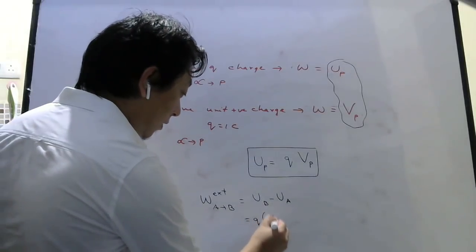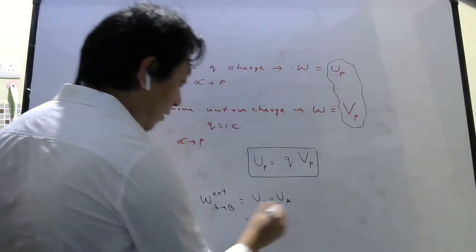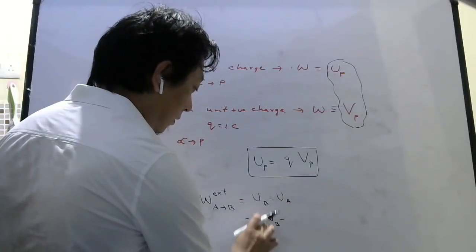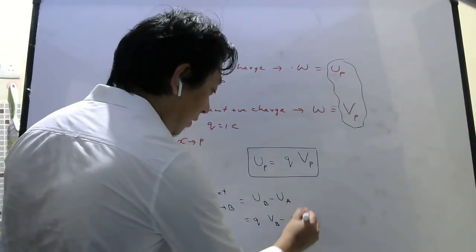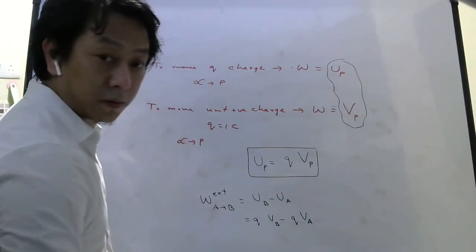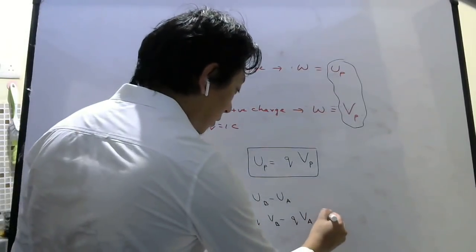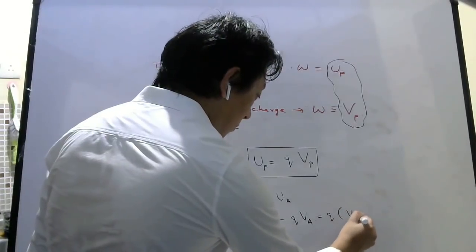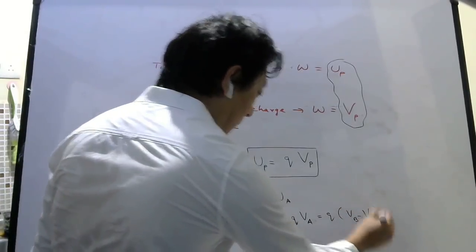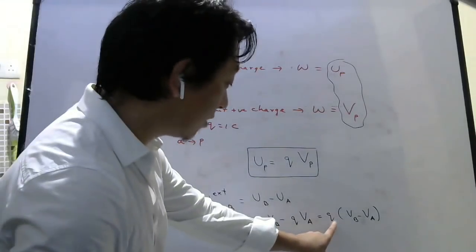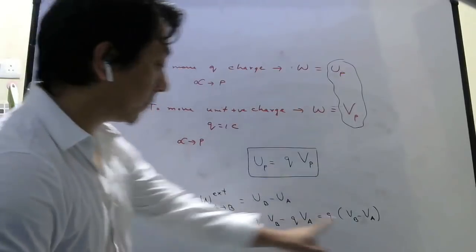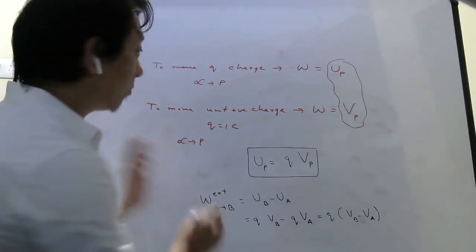UB will be Q into VB minus Q into VA. So if I take Q common, you will get VB minus VA. So this is the work done by the external force to move this charge Q from A to B. So please memorize this. Okay, very important definition.